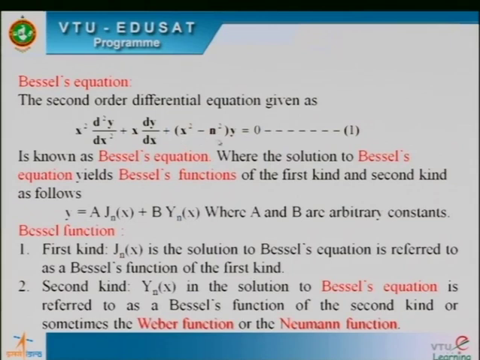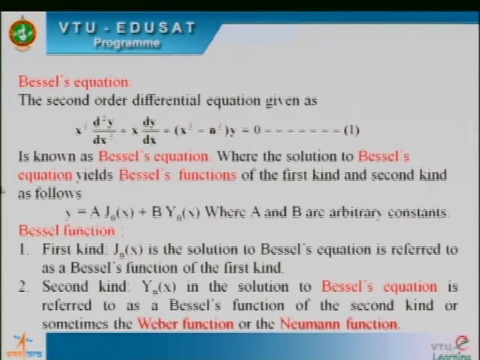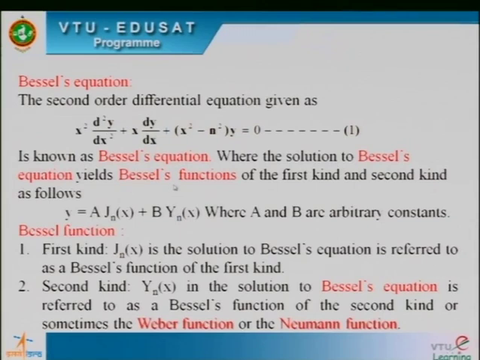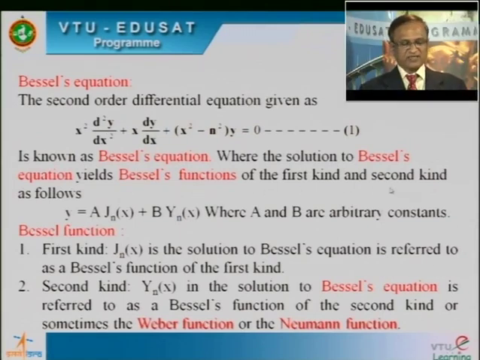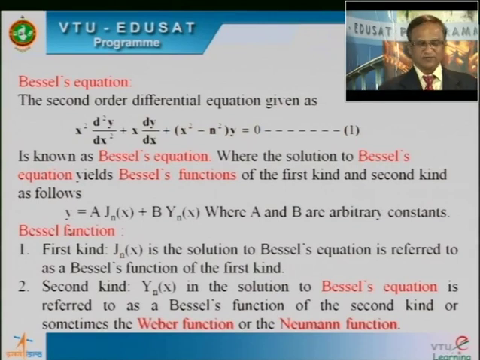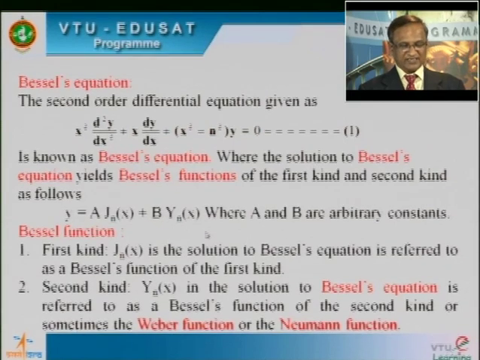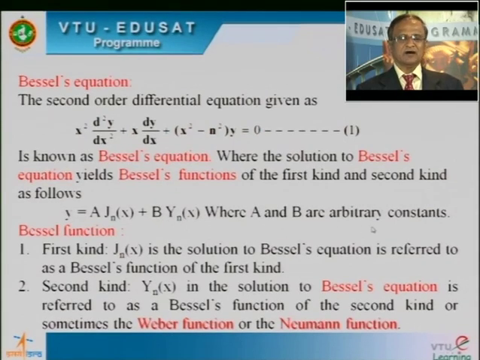So this equation we call it as a Bessel's equation, where the solution of Bessel's equation yields Bessel's functions of the first kind and second kind as follows. So we are able to write down the solution of this equation in this form: y is equal to a into Jn(x) plus b into Yn(x), where a and b are arbitrary constants, right.